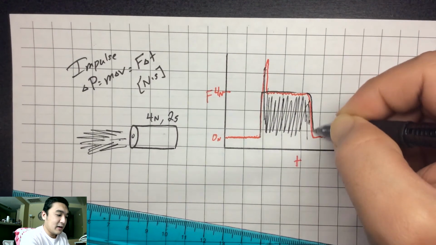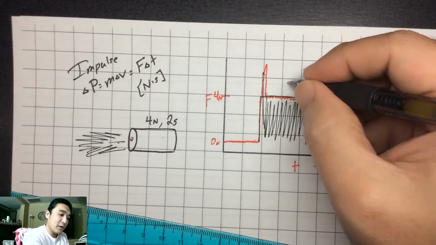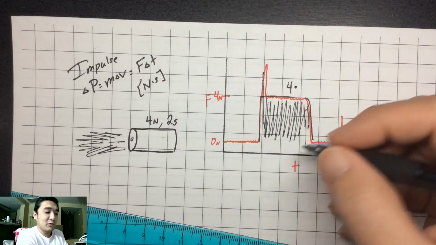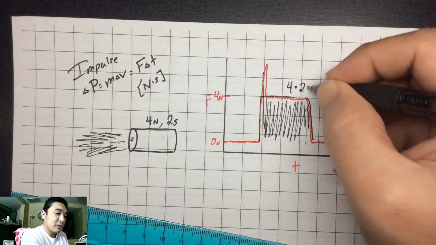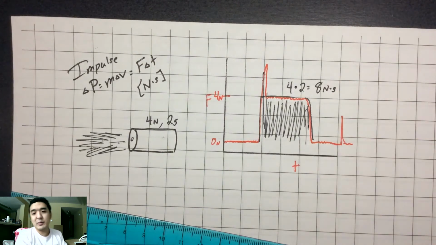If we took the height of the rectangle, which would be 4, and multiplied by the base of the rectangle, which we said was 2 seconds, then we get an impulse of 8 newton seconds, which is exactly what we would get with our equation. I'm just trying to show you the graph. I kind of made up the data here, but that's basically what we will get in class. We've got about 8 newton seconds of impulse, of momentum change.